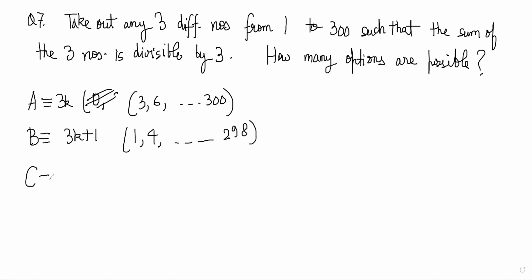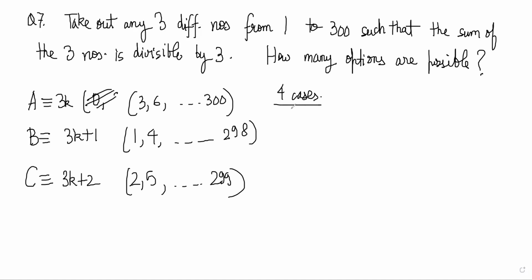Or you can take out numbers from the set 3k plus 2, which is 2, 5 till 299, right? Now there are four different cases in which the sum of the three numbers that you have taken out is divisible by 3.